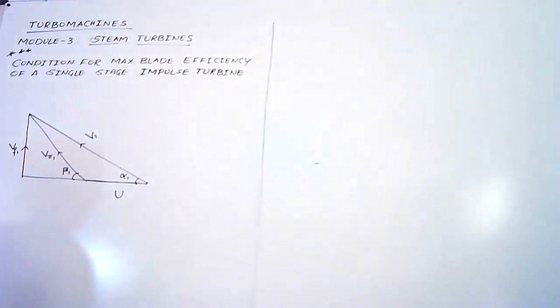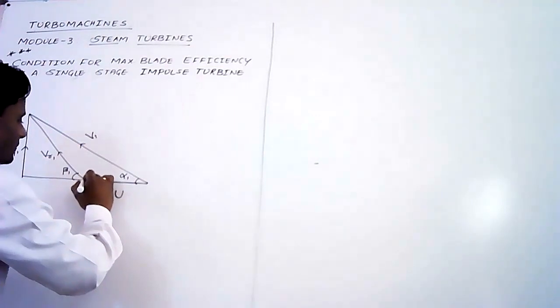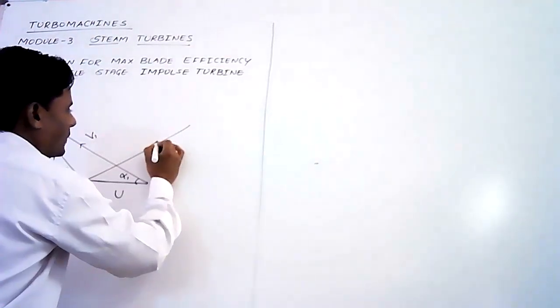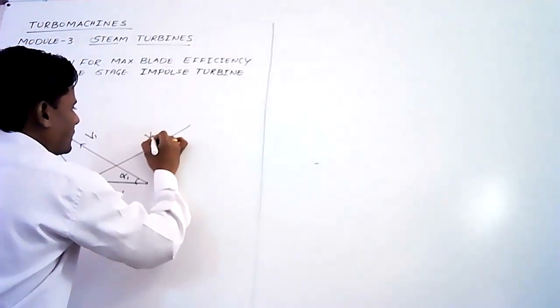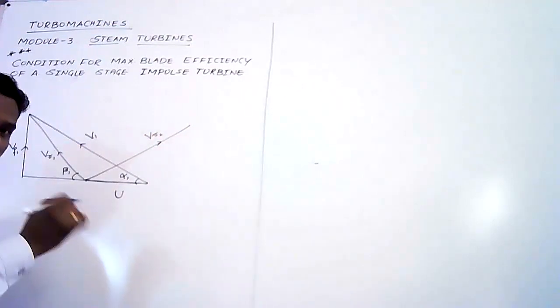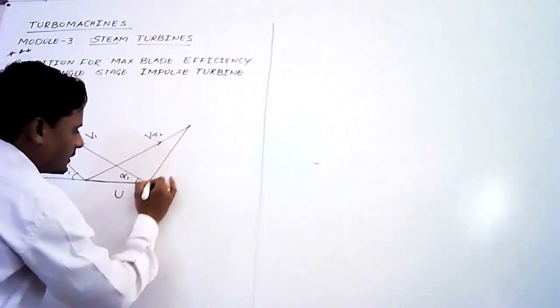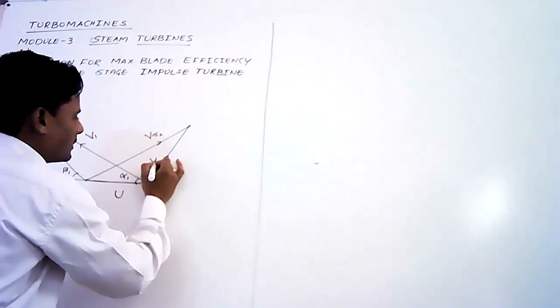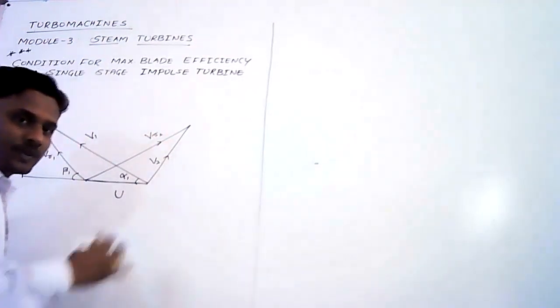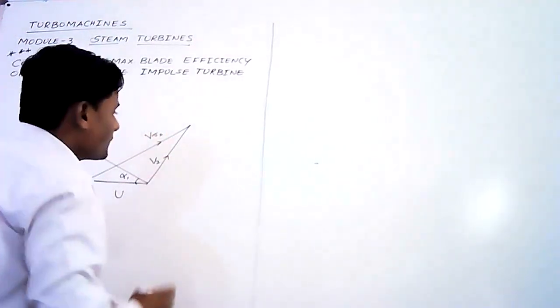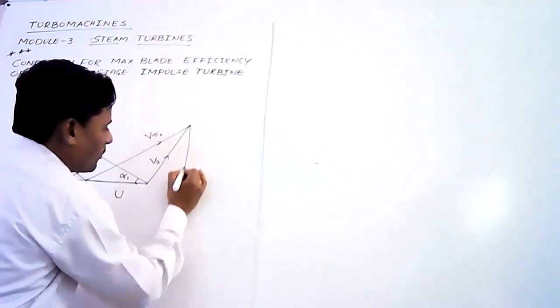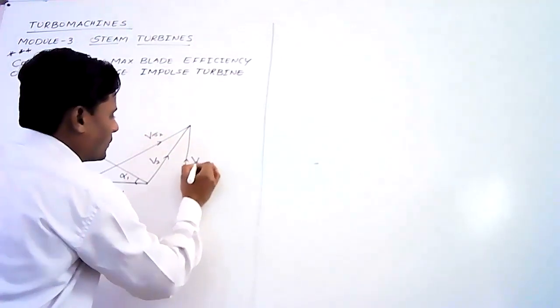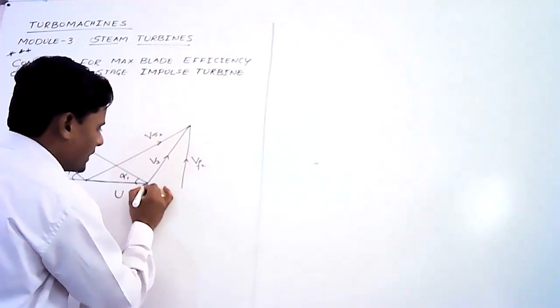Now how do we draw the outlet velocity triangle? This is the outlet velocity triangle. Here VR2 is the relative velocity at the outlet. This is V2, the exit velocity from the moving blades, and the vertical component is Vf2, the flow velocity component at the outlet.